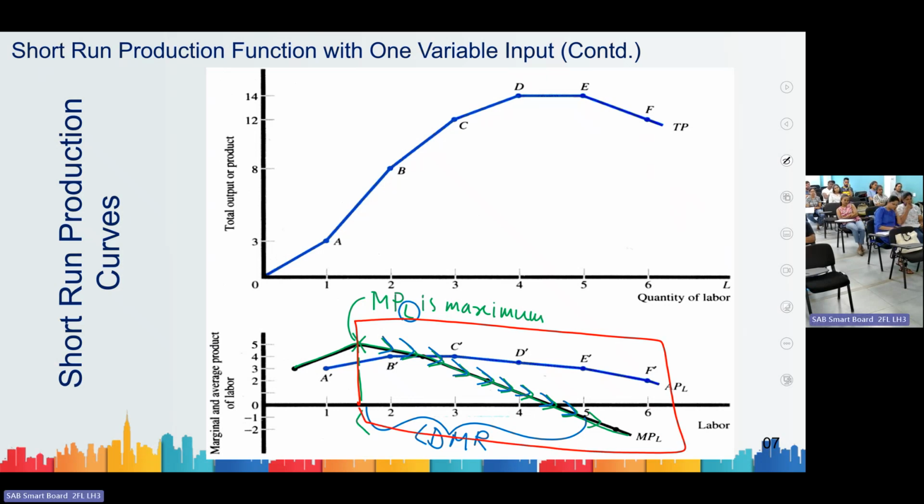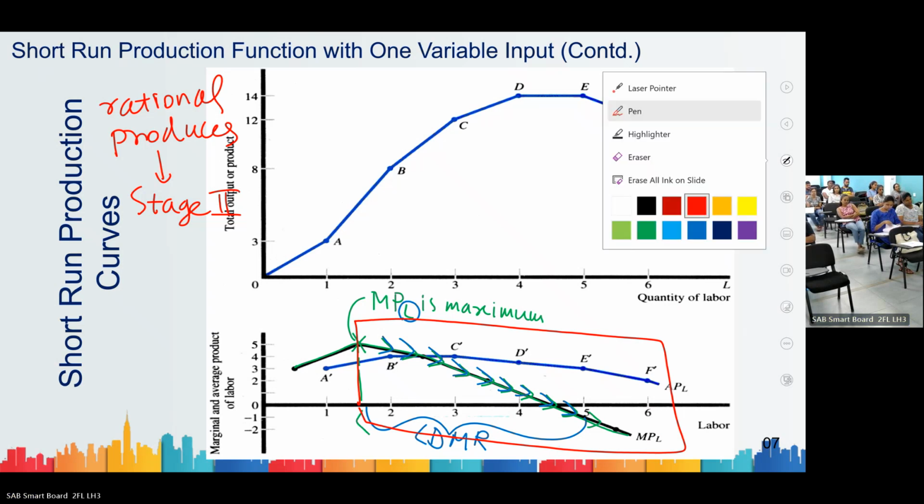And also we learned that a rational producer will produce in stage 2.